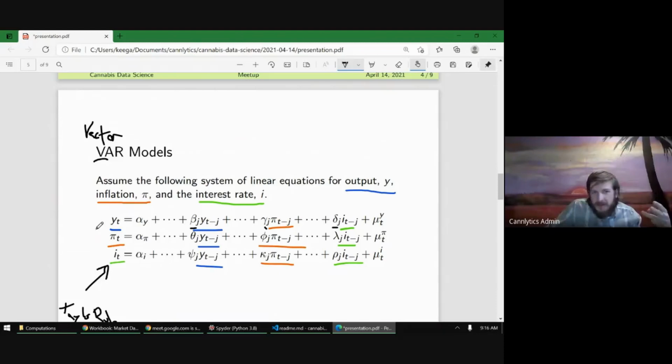Also, we're going to be estimating 3 equations.